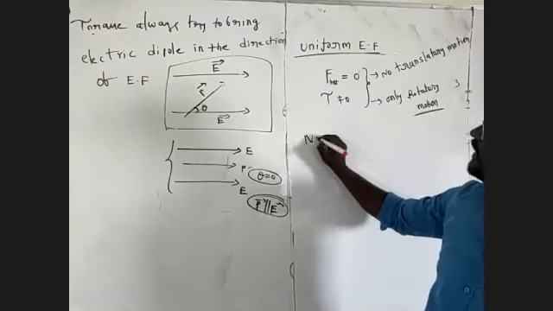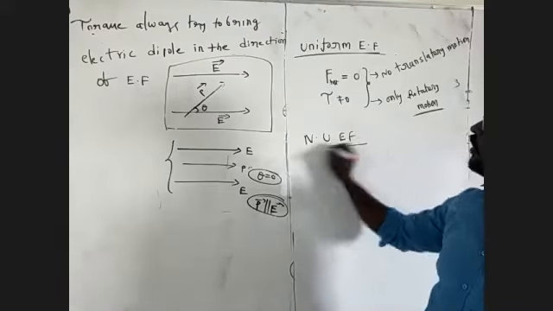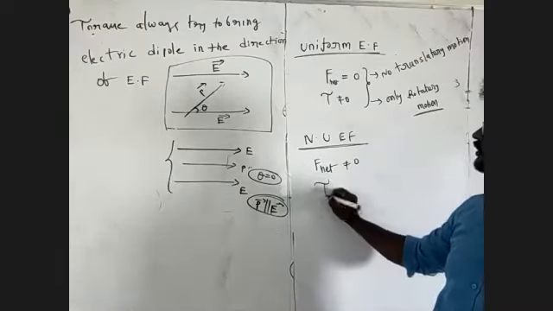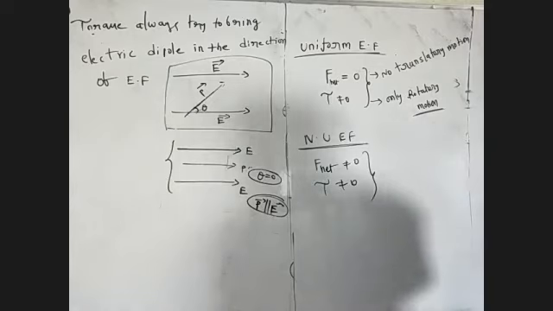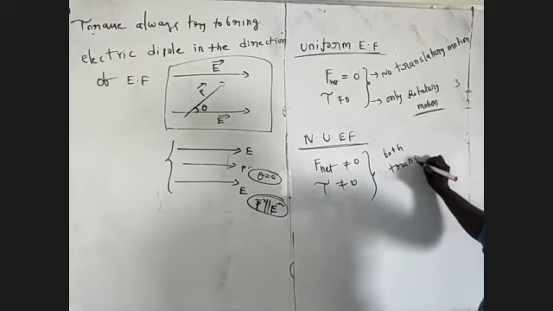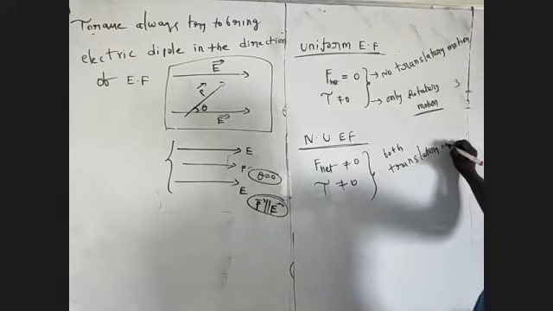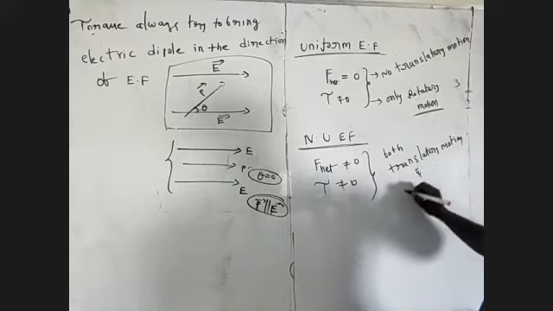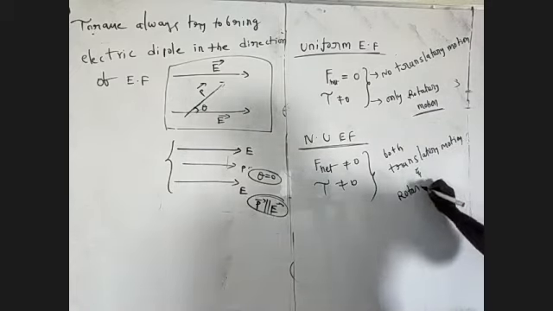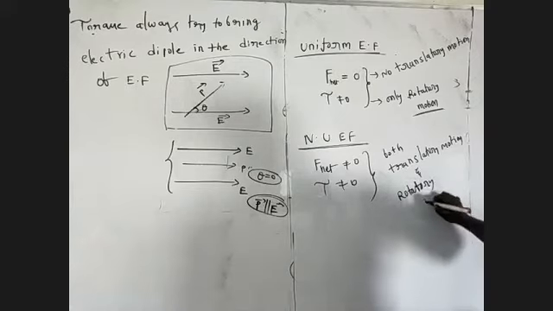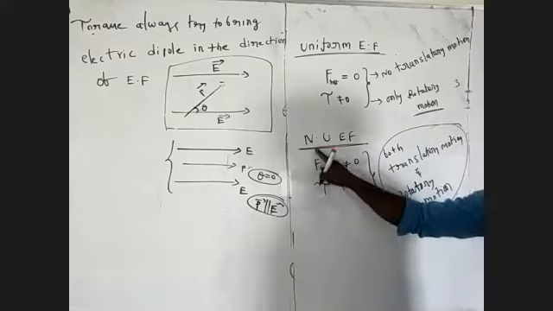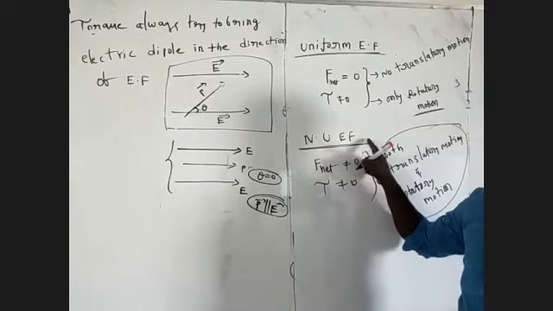Now, non-uniform electric field. In a non-uniform electric field, net force is not equal to 0 and torque is not equal to 0. Both the translatory motion and the rotatory motion are present.